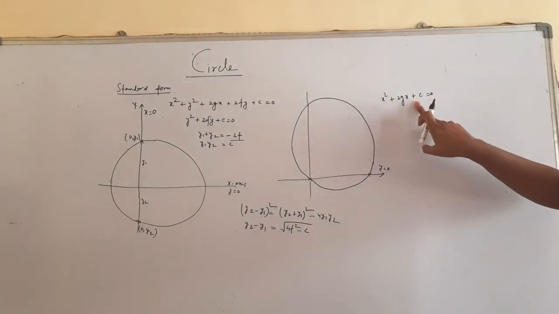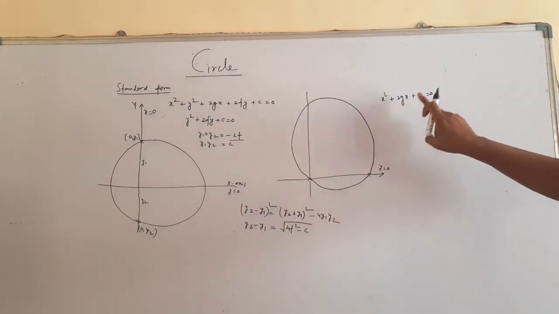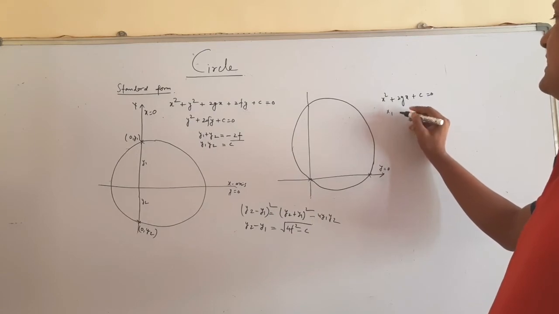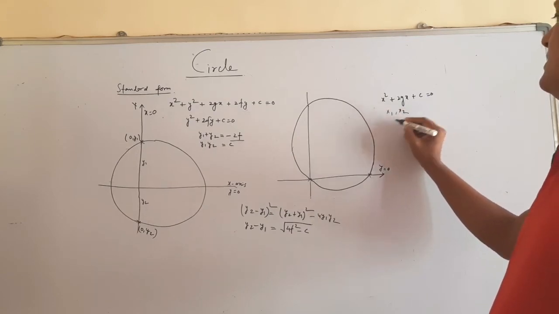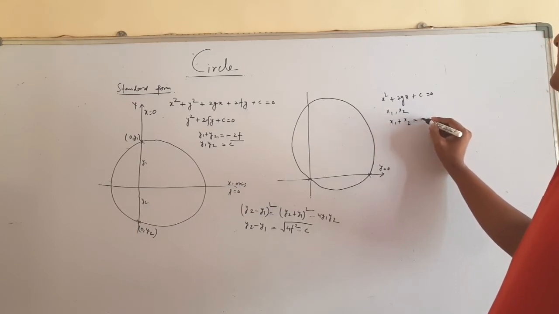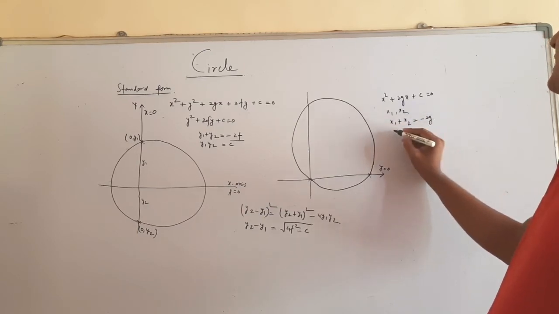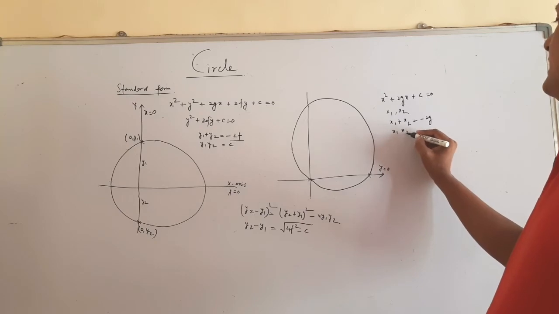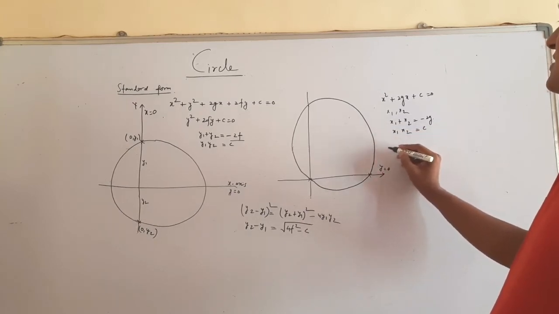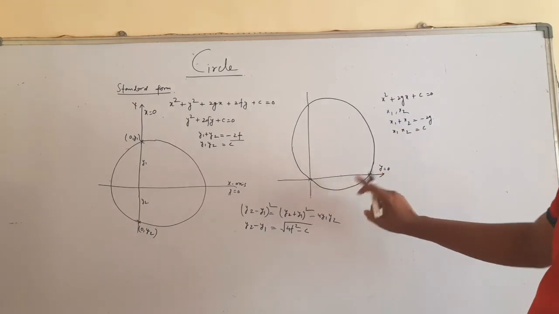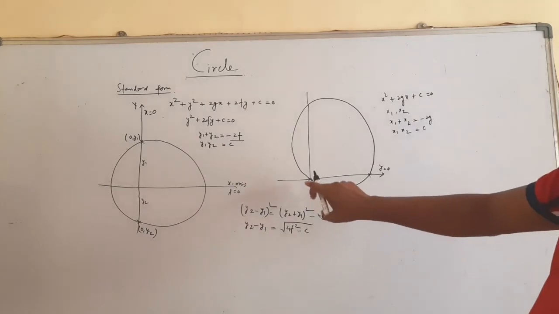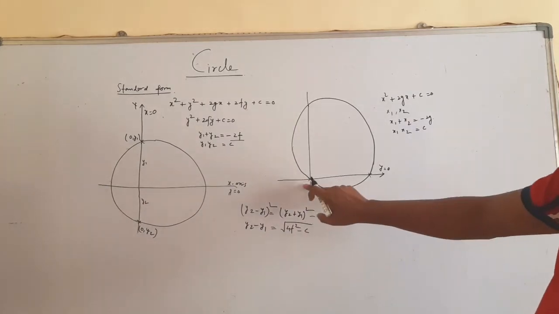Again, this is a quadratic equation, so definitely it will have two roots. If I say x1 and x2, then the sum of the roots x1 plus x2 will be minus 2g, and x1 x2 equal to c. So in this condition you can find this section, suppose if I say it's (0, y1), so this is (0, 0).